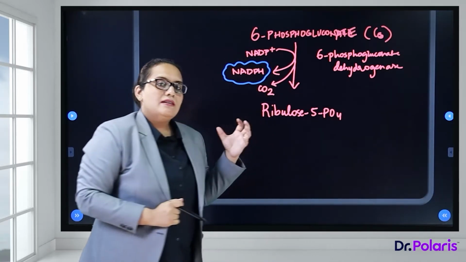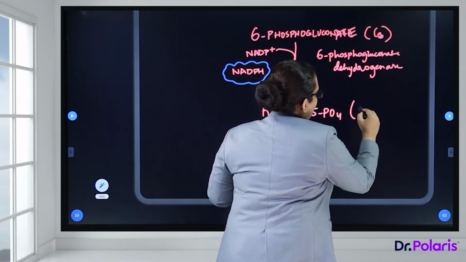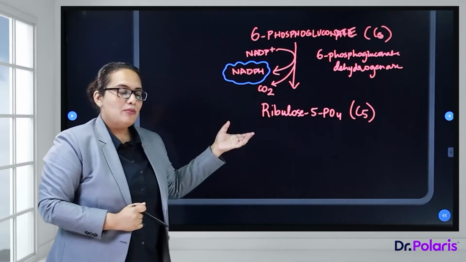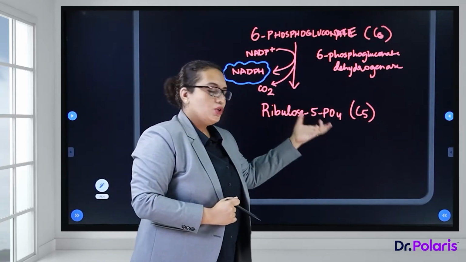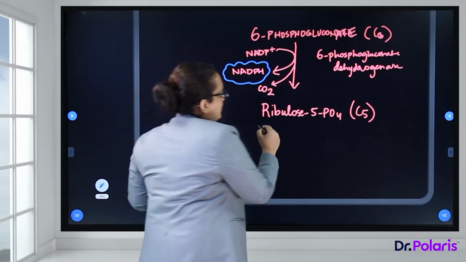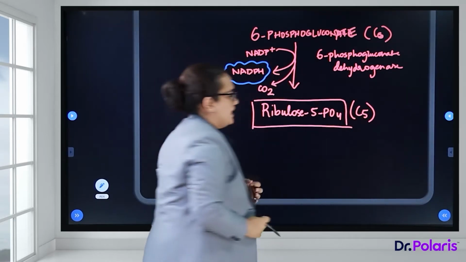Now ribulose is a pentose sugar. It contains 5 carbon atoms, and the functional group present in this carbohydrate is a keto group. So it's a keto pentose sugar. So ribulose 5-phosphate is the last product formed at the end of the oxidative phase.